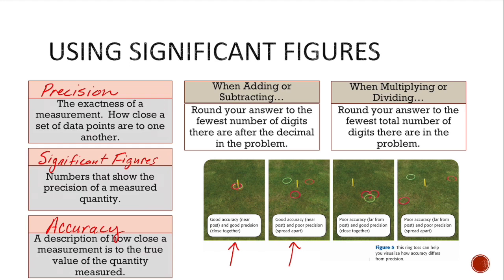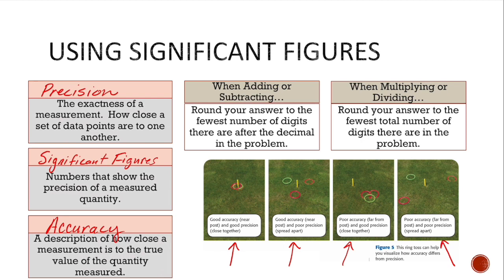The next one that we've got is poor accuracy and good precision. The reason that we have poor accuracy is because we are far away from the post, and the reason that we have good precision is because the rings are close together. In this case, if we were talking about data, the data points would all be close together for a series of measurements.